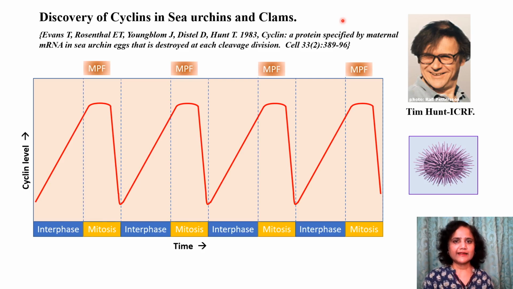Similar cycling proteins were also observed in another species of sea urchins and also in clams, and hence they termed these proteins cyclins. Another interesting point is that the peak of cyclin also correlates with higher MPF activity.